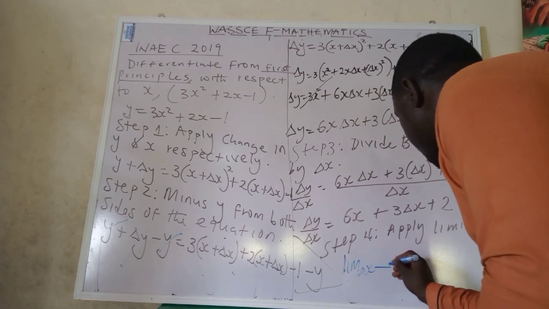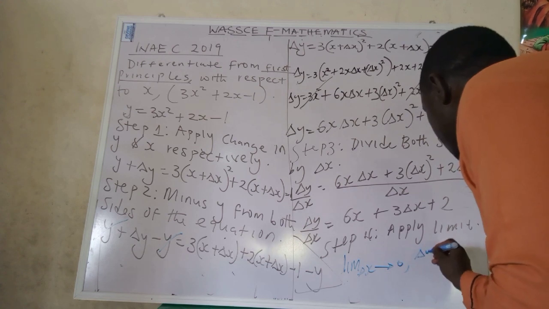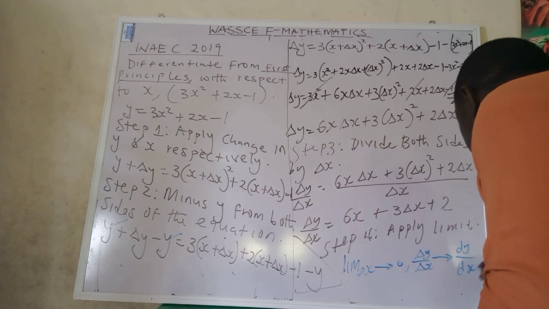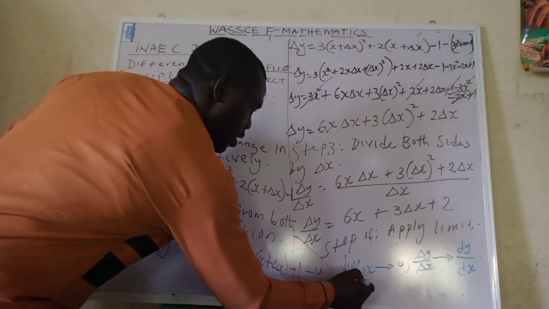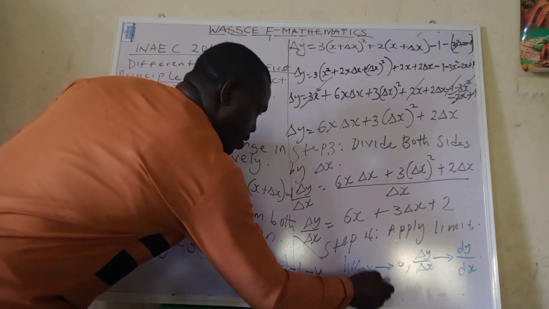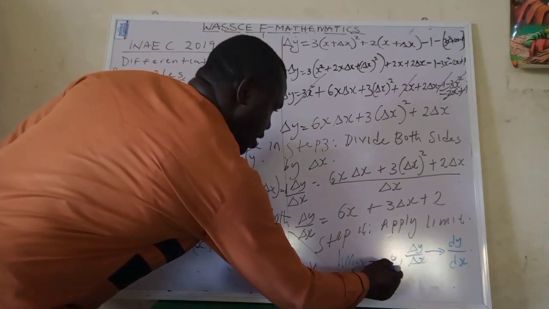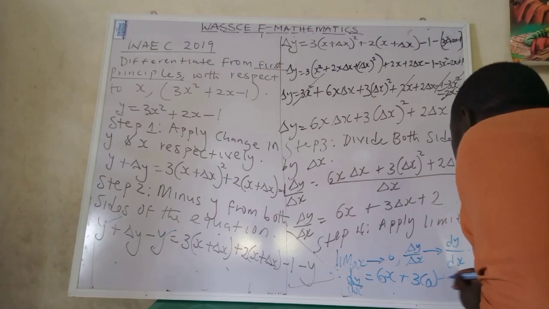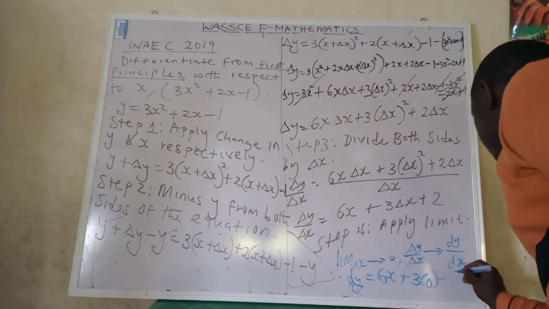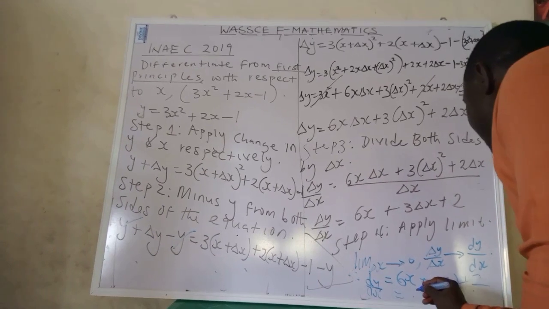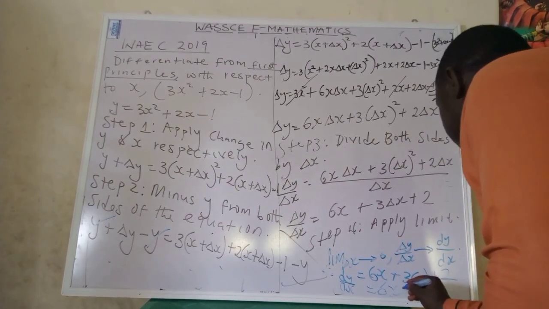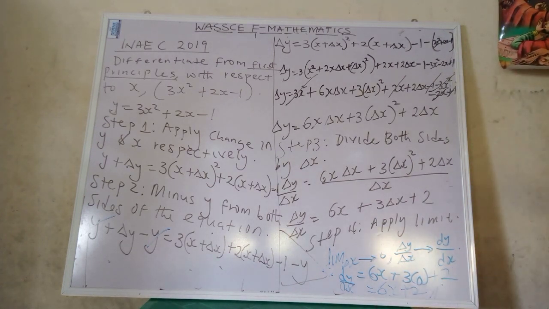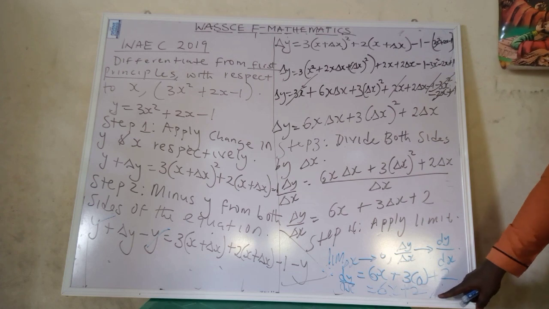As change in x is tending to 0, our left side is equal to dy/dx. Therefore, my dy/dx is equal to what? 6x plus 3 times 0, plus 2. Final answer, 6x plus 2. Exactly what we got when we used the general formula method.